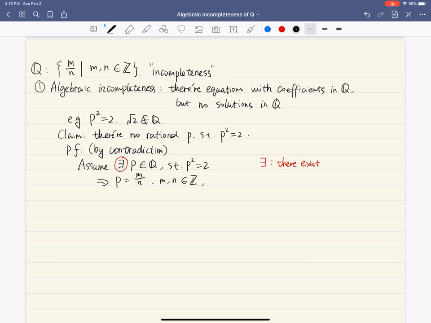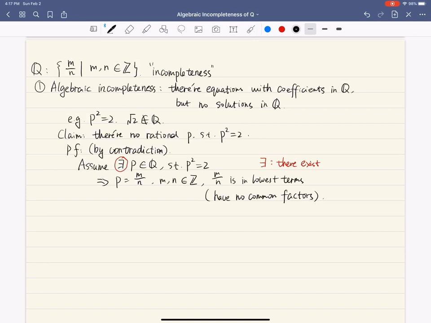And we're also going to assume that m over n is in lowest terms, and it means that they have no common factors. Okay, so why can we make this assumption? Well, because if m and n have common factors, then we can keep canceling out all the common factors all the way until they have no common factors, right?